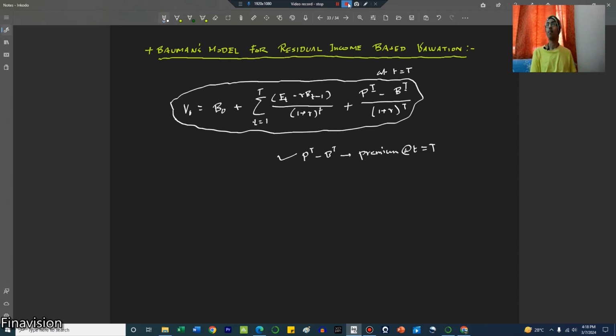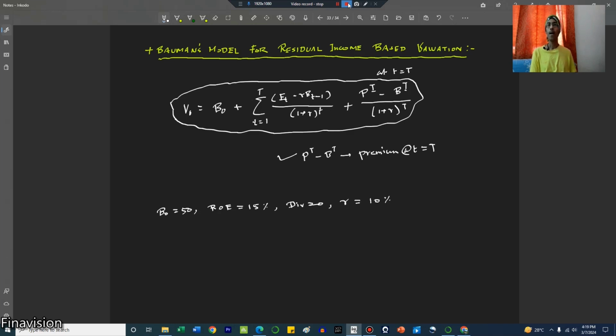Now let's look at an example. Let's say our company has a current book value of 50. It has a consistent return on equity of 15%, which is not going to change. Dividend is 0. The company does not pay any dividends. The required return for this company is 10%.